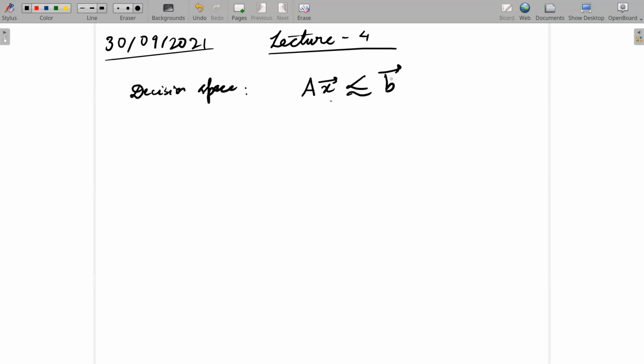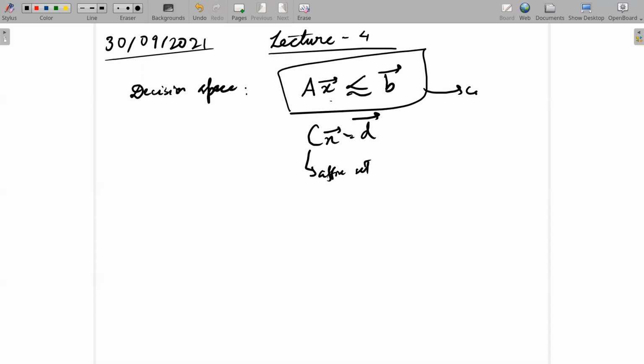The x and b are not necessarily of the same dimension. And you had Cx equals d. This was the affine set, which is unbounded, and here, this determined a convex set. To write that inequality, we needed a convex cone. So it made our language much simpler to do it that way.